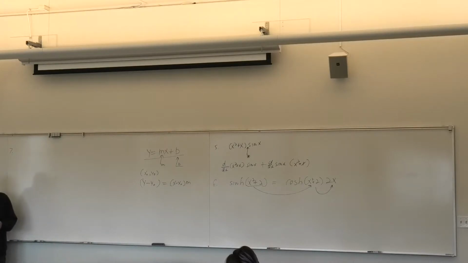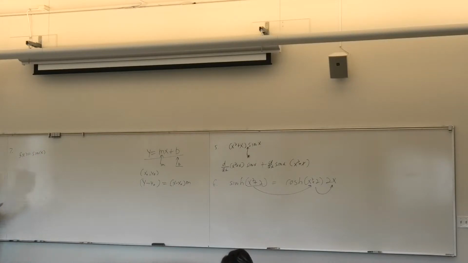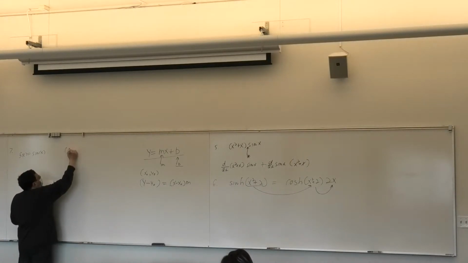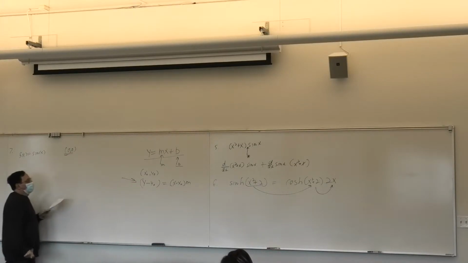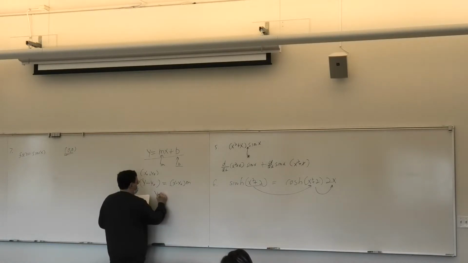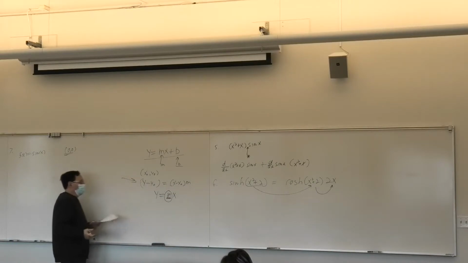So, number 7 says, given some function, find the equation of the line tangent at the point 0, 0. So that's a point that goes through the line. So we already know this is y equals mx. And it remains to find what the slope is at a certain point.